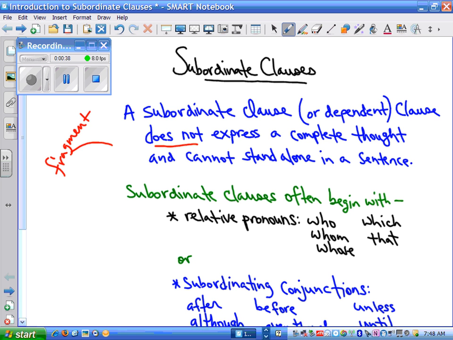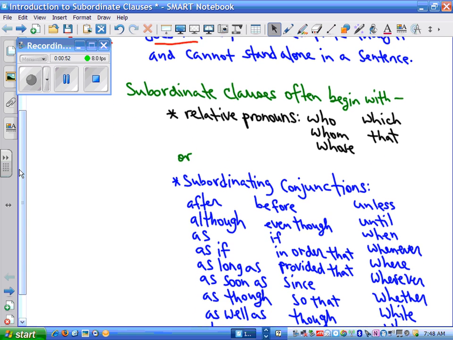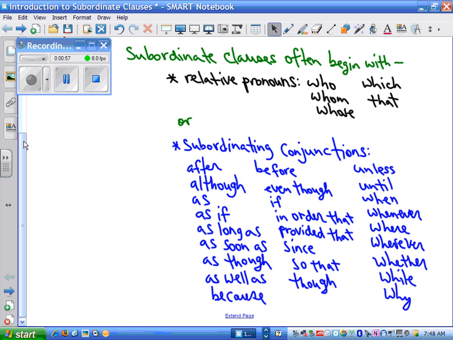A subordinate clause allows our sentence to expand by providing additional information. Okay, so they're really important, but they cannot exist on their own. And as you'll see, the subordinate clause often comes with punctuation, with that comma.